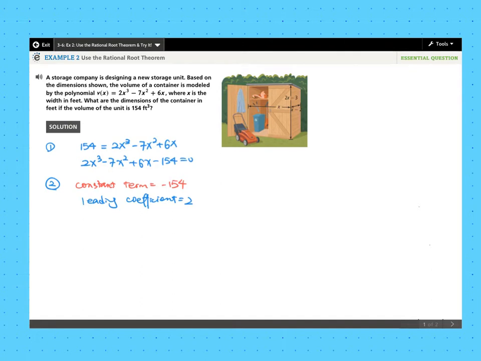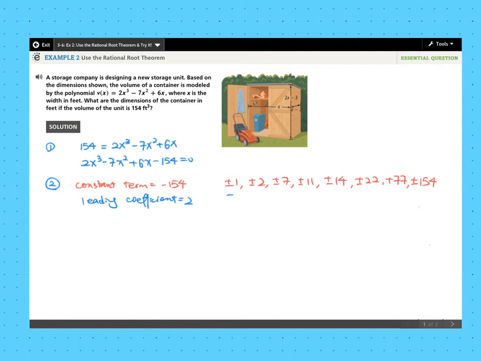Oh, this is annoying. So 154, I will have 1, 2, 7, 11, 14, 22, yes, 22 works too, 77, and then 154. I think this covers it all. These are all my possible factors.